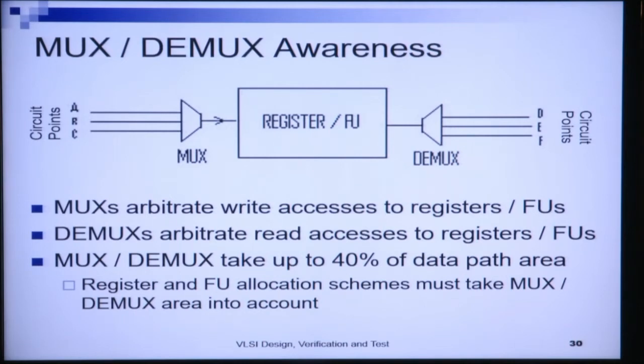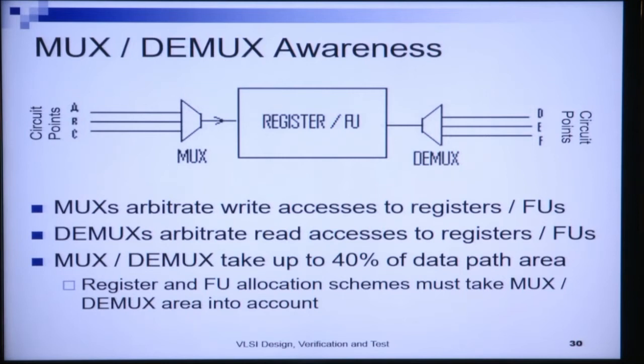For example, register and function unit allocation choice will also determine the mux choice. Why? Because the numbers and types of functional units that we have, as well as registers, will determine how many muxes and demuxes we need and what their types will be. And muxes arbitrate write accesses to registers or functional units.